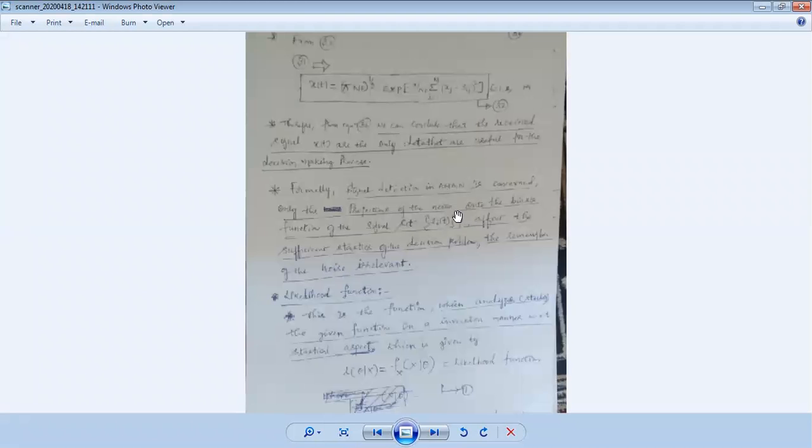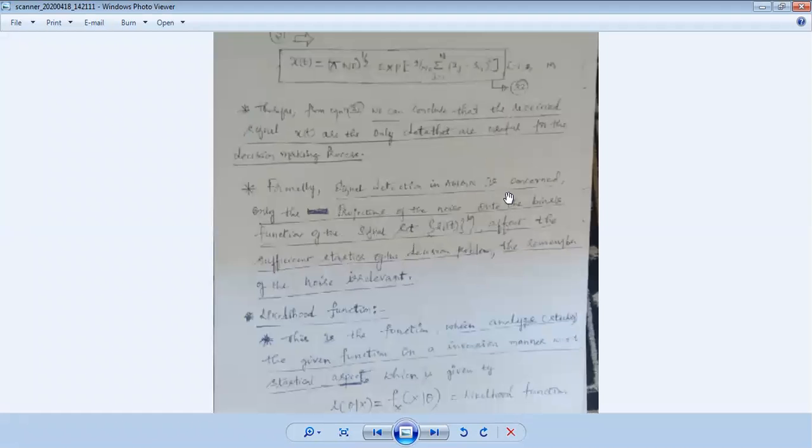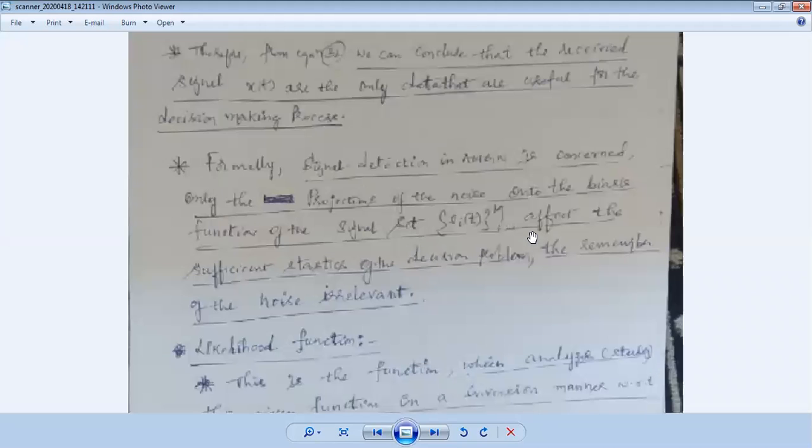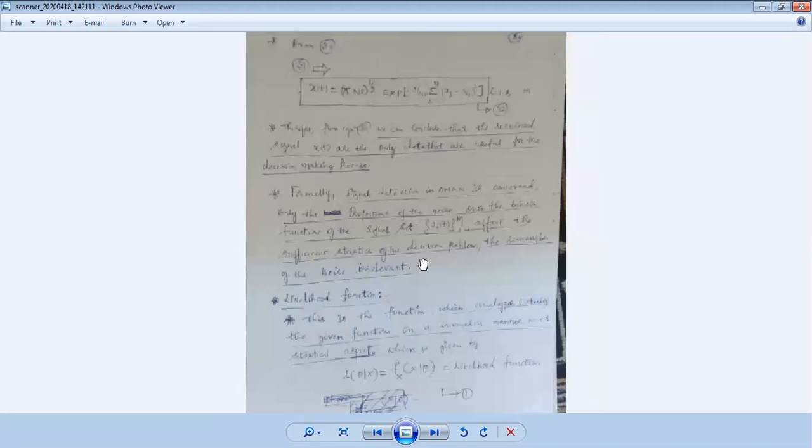That means signal identification. Detection means absolute identification of the signal in the AWGN channel is concerned only with the projection of the noise onto the basis functions of the signal set. That affects the sufficient statistics of the decision.